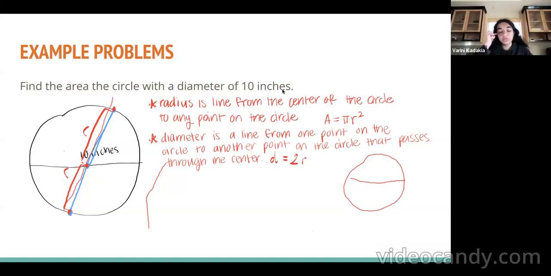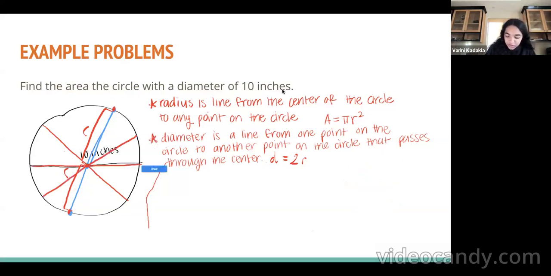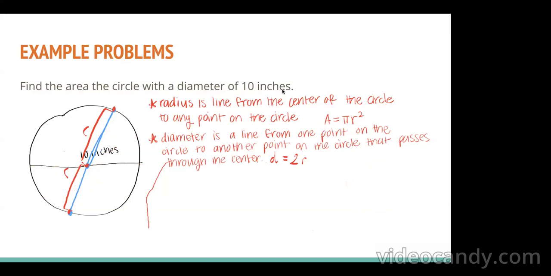Yeah, so you can actually have multiple diameters. That might be one diameter, but this one can be another diameter, or this one, or this one. It just has to follow the condition where it starts from one point on the circle, passes through the center of the circle, and ends on another point on the circle.